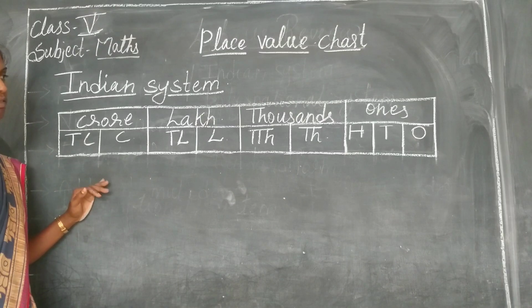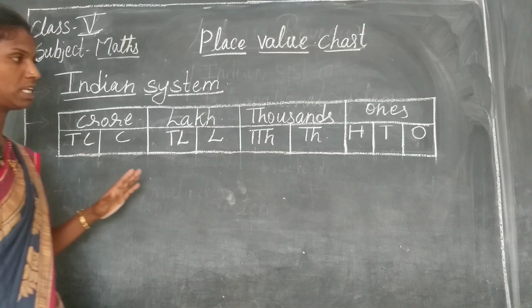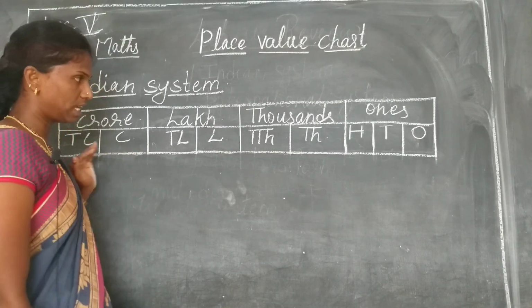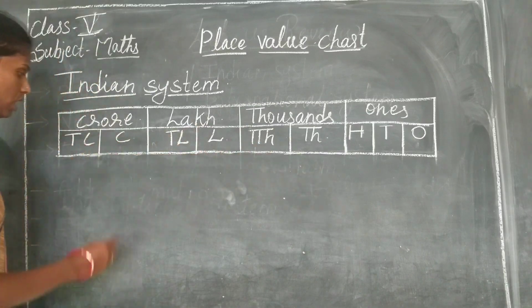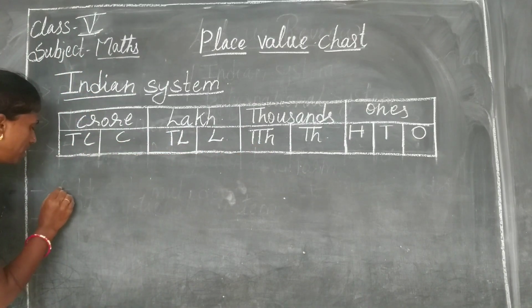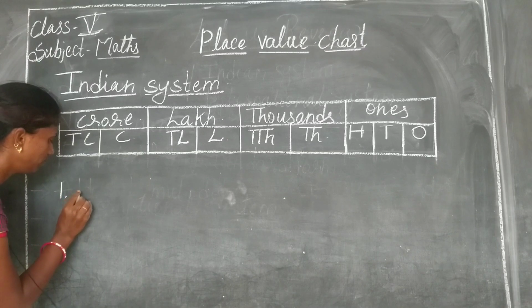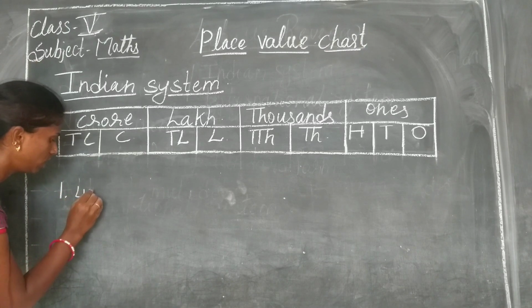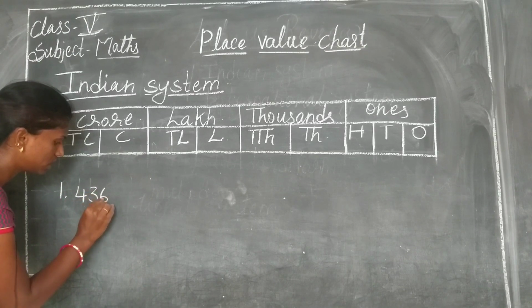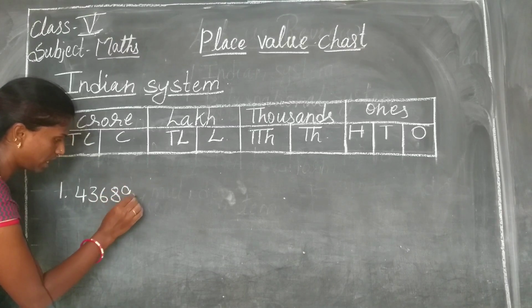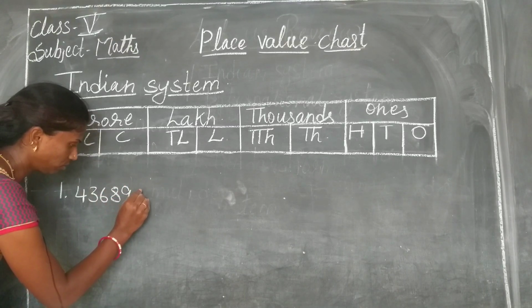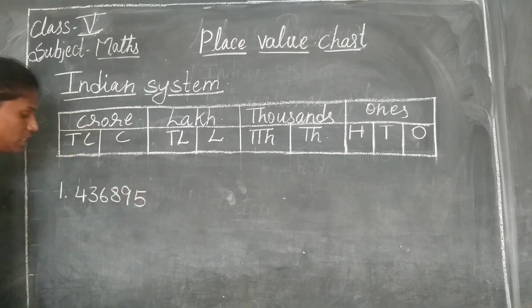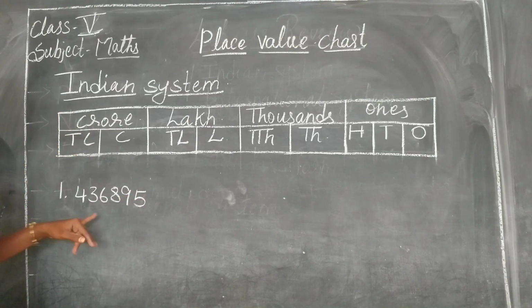Now let us take one example and arrange it under the place values. Now my number is 436895. This is my number, so I will arrange these digits.